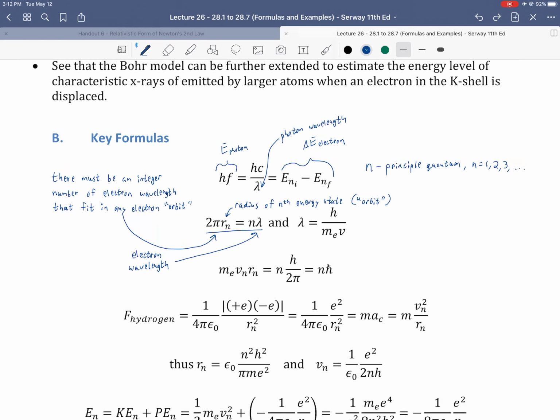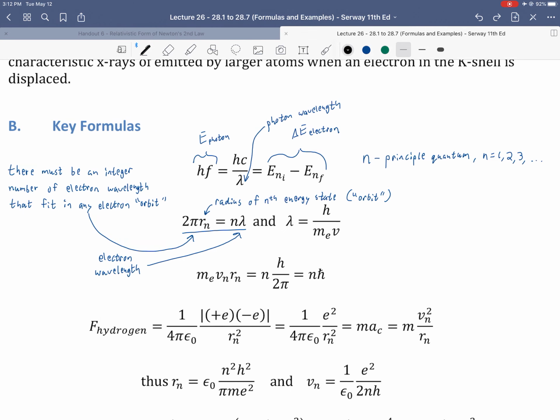So we're going to set the electron wavelength equal to, for all future purposes, Planck's constant over the mass of the electron times the velocity of the electron in a given orbit. Actually, let me add, I'm trying to put an n on all the v's. I left this one off, okay? And more labels, okay? So that's the same electron wavelength.